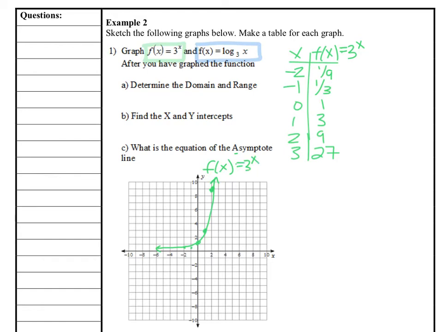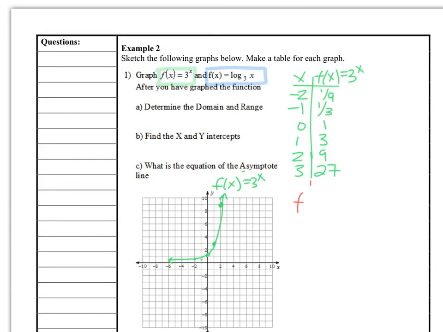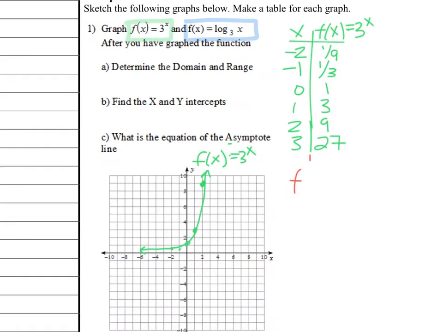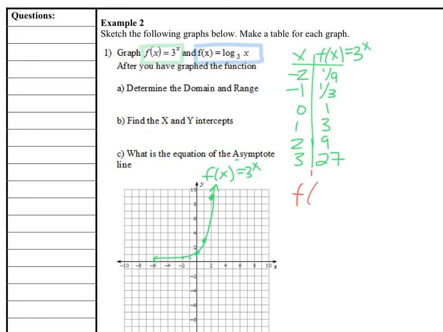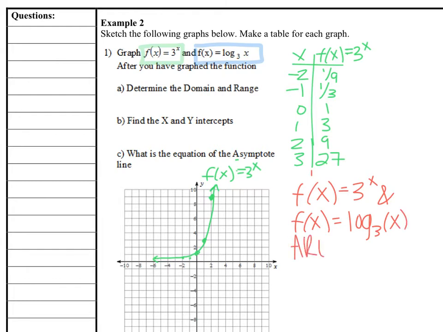Then, in order to graph this log base 3 of x, we could use our calculator, but we know that f of x equals 3 to the x, and f of x equals log base 3 of x are inverses.